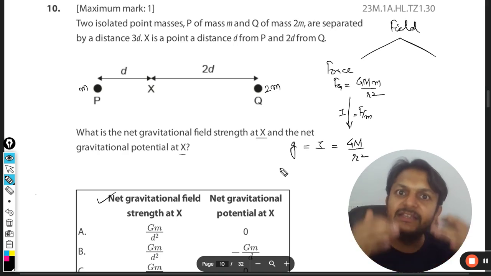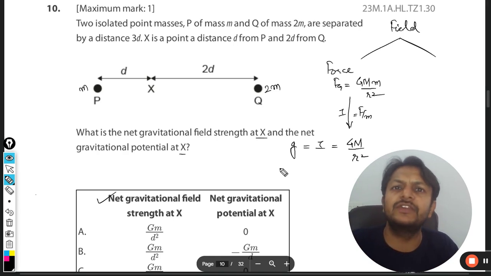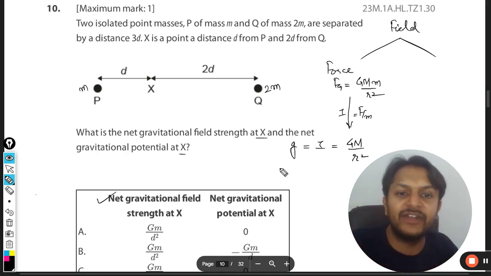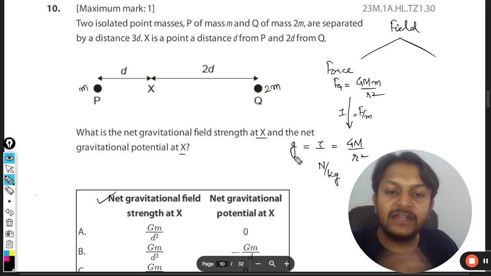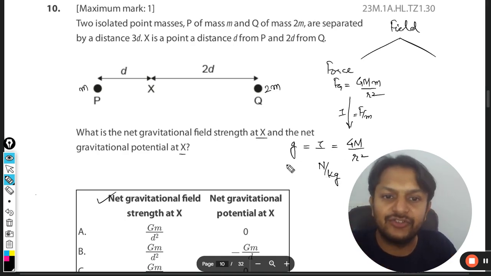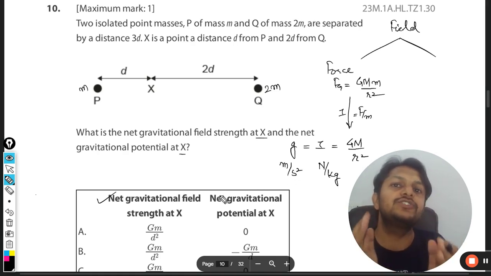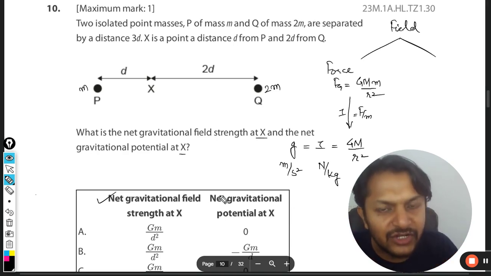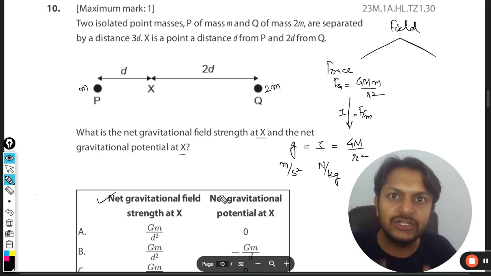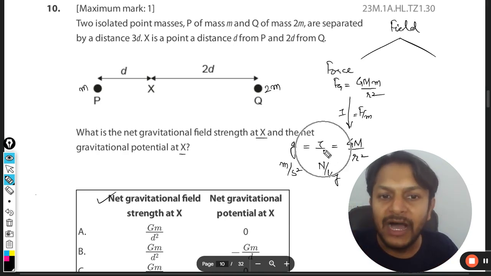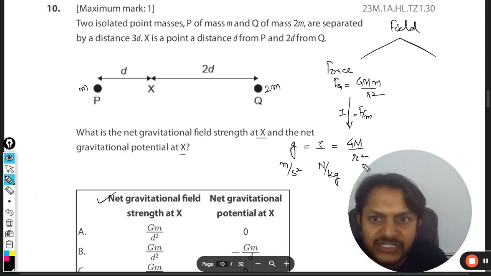From a physics point of view, I is defined as force per unit mass, and g is literally the acceleration, and the unit is meter per second square. Although these two units are connected, they are different physical quantities. But IB books do not talk about I, they only use g as a symbol, so do not get confused. So this is GM by r square.